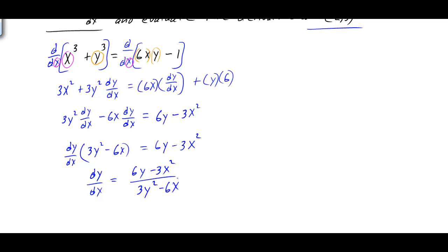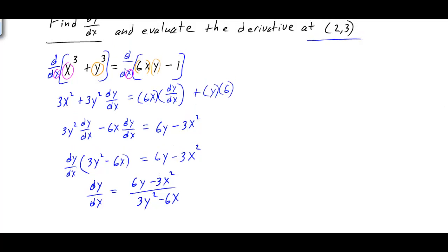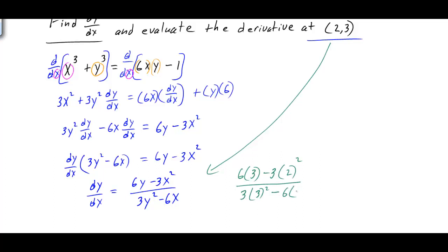Okay, so here we have our derivative, but recall that we wanted to evaluate the derivative at the point (2, 3). So if we plug in the point (2, 3), we would have 6 times our y value, which is 3, minus 3 times 2 squared, divided by 3y squared, so that's 3 times 3 squared, minus 6 times 2.